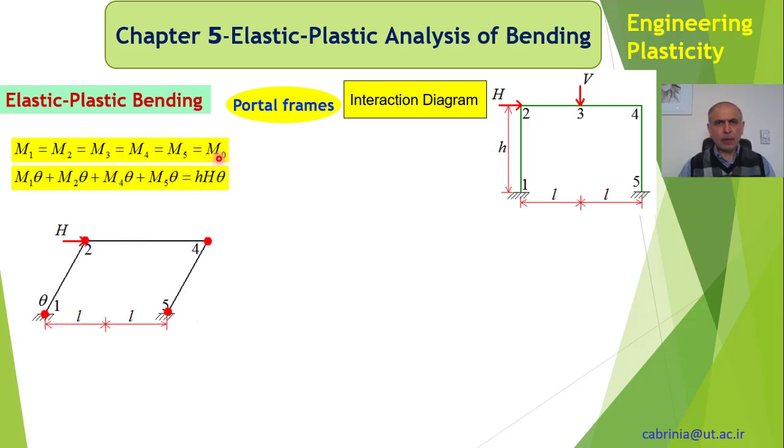Now again, like before, I'm going to consider a few cases. Here I want to show you what the interaction diagram is. I want to introduce this interaction diagram for these portal frames. Now in here again we have considered a case like the one we considered before, and clearly M1 times theta, M2 times theta.